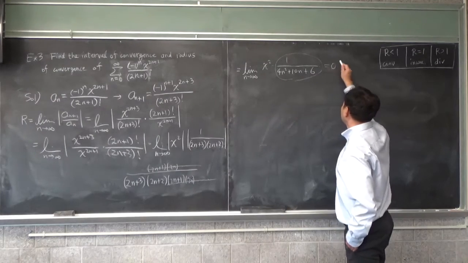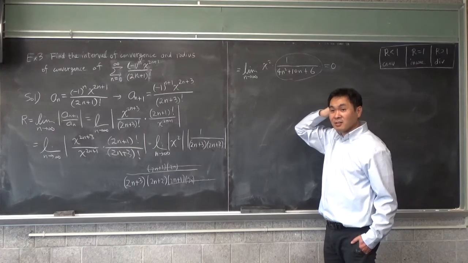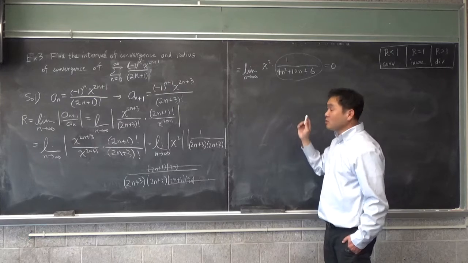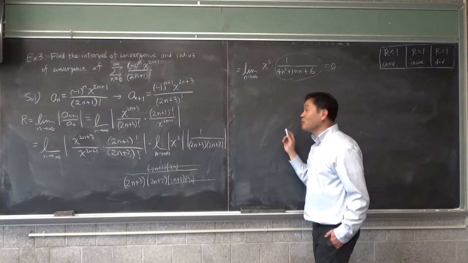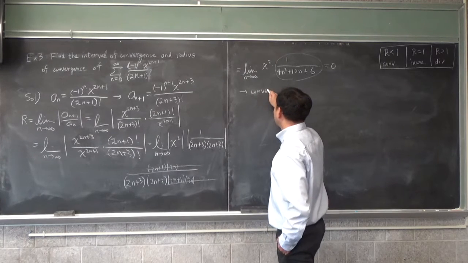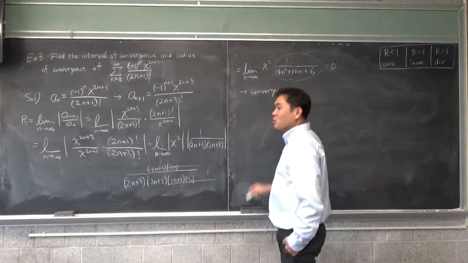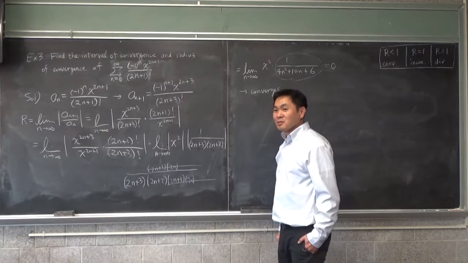Therefore, what's our conclusion? If it's less than 1, it converges. It's less than 1, so it converges. But wait, what does that mean? What's our interval of convergence then?